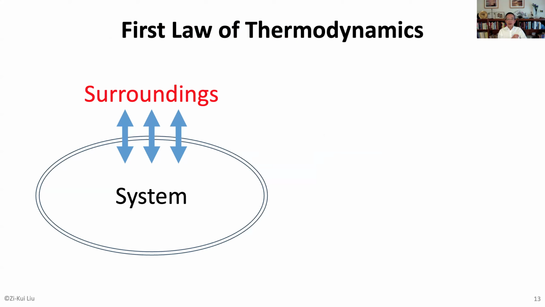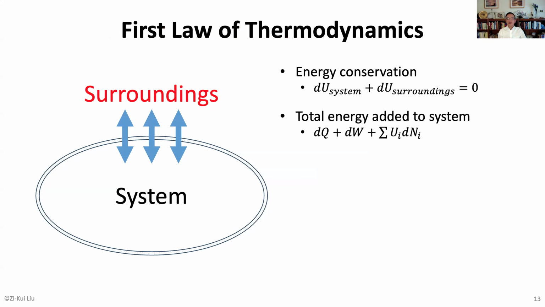The first law of thermodynamics is about energy conservation. That means the energy change in the system and its surroundings together should be conserved, so it will be 0. We discussed that the total energy added to a system is dq plus dw plus the summation of Ui dni.